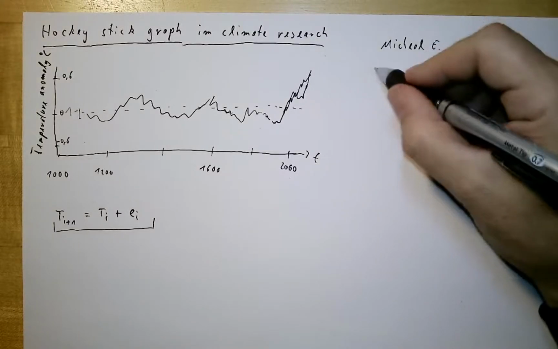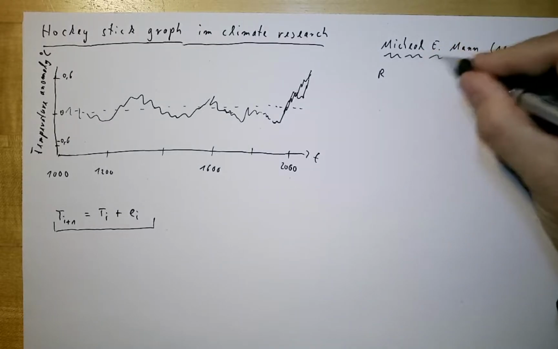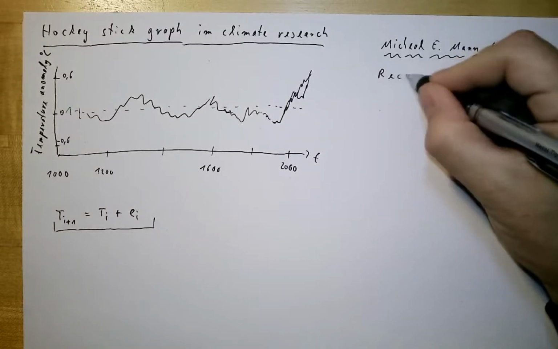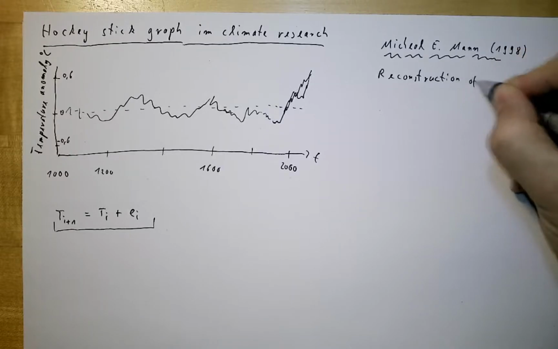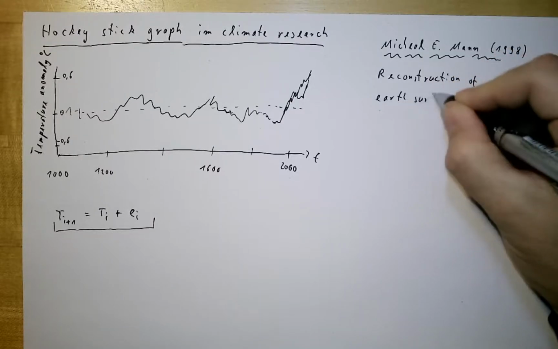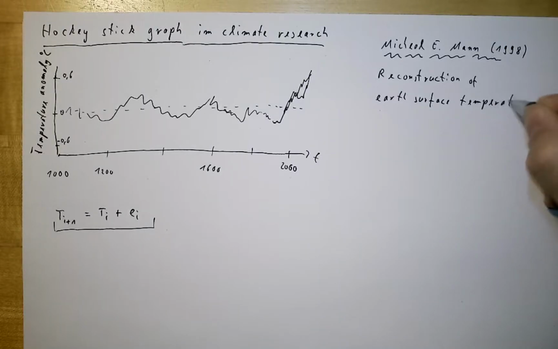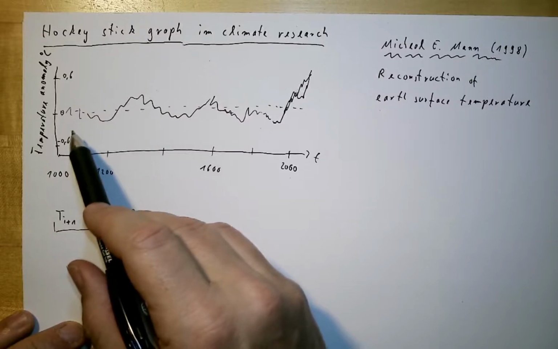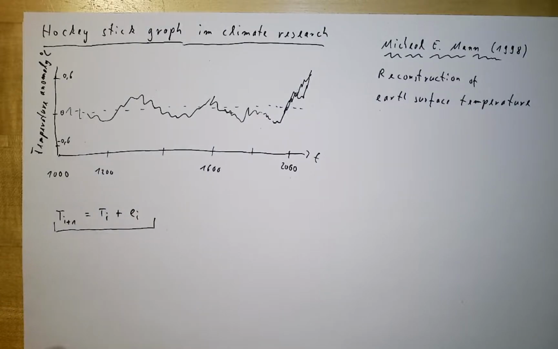And he analyzed such a reconstruction of Earth surface temperature. And you can now also look at the uncertainties of this, and the more you go back in time, typically the larger the uncertainty is.